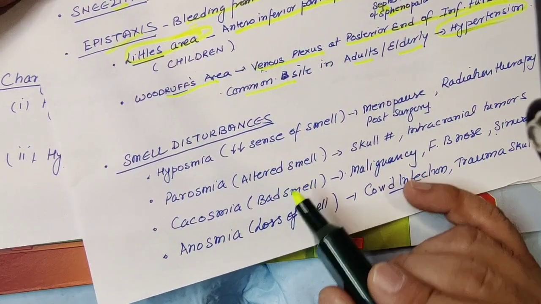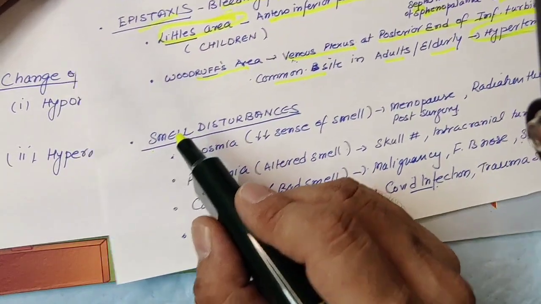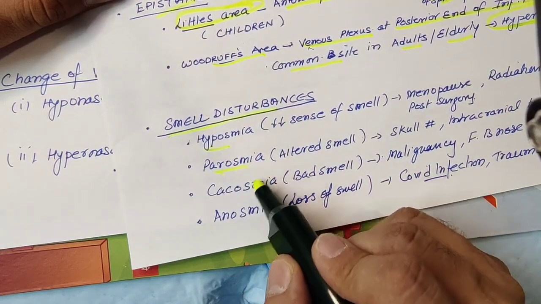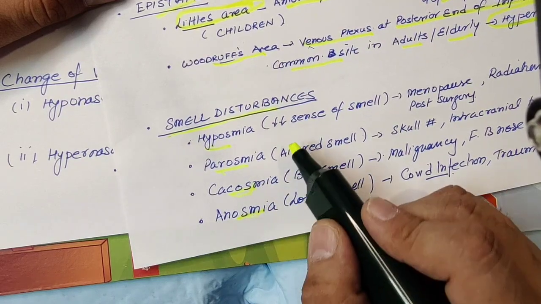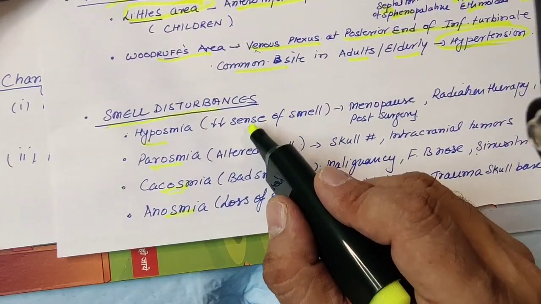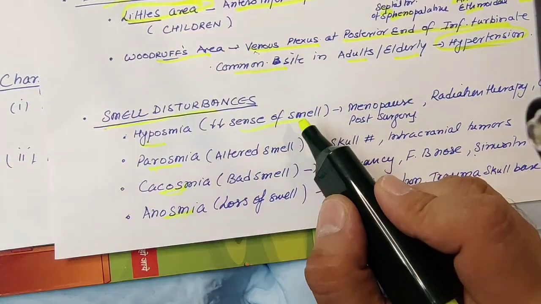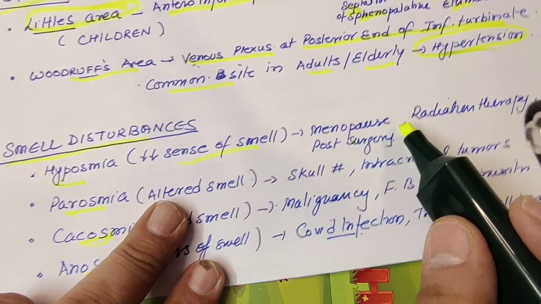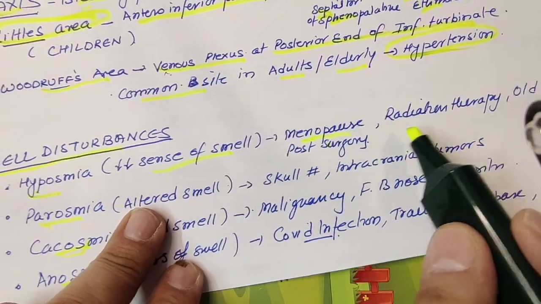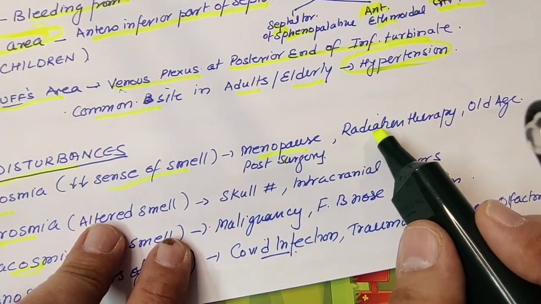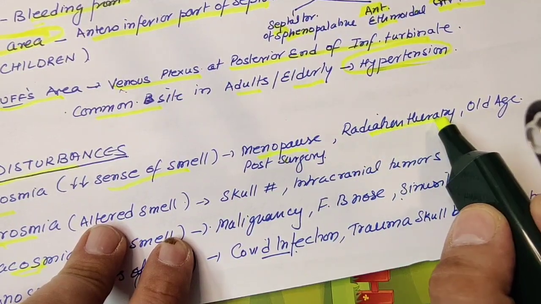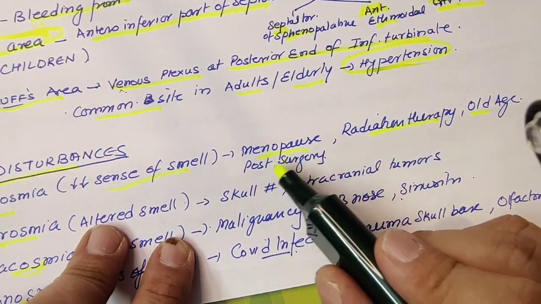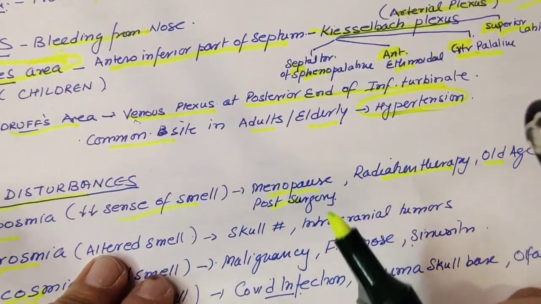Then the patient can have certain smell disturbances like hyposmia, parosmia, cacosmia, and anosmia. Now, hyposmia basically means the sense of smell is diminished, and it commonly happens in patients who are in the menopause age group or the females especially, and the patients who are subjected to radiation therapy or in old age or post surgery can have hyposmia.